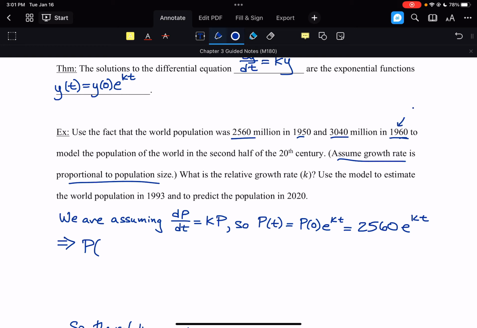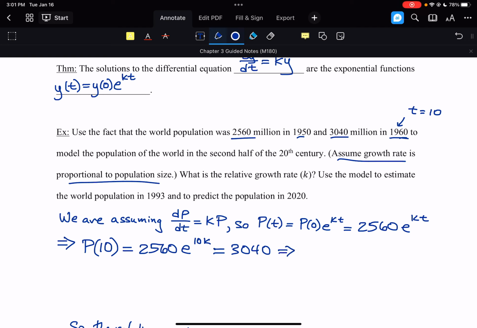So 1960 would correspond to t equals 10 years. So the population after 10 years is going to be 2560 times e to the 10k, right? Because t is 10, equals 3,040. With the understanding that these numbers are in millions.